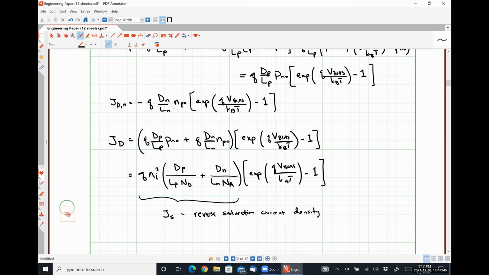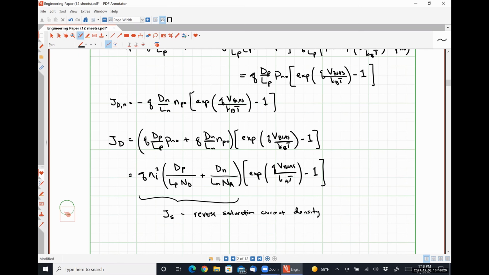So for a bias voltage that is just a little bit larger than kBT over Q, our thermal voltage of roughly 26 millivolts at a temperature of 300 K, we'll see that the current ramps up very significantly. We can very often ignore this -1 factor at the end because this exponential grows so quickly that it doesn't particularly matter in the overwhelming majority of cases. Only when our bias voltage is a few multiples of the thermal voltage does that -1 even matter.